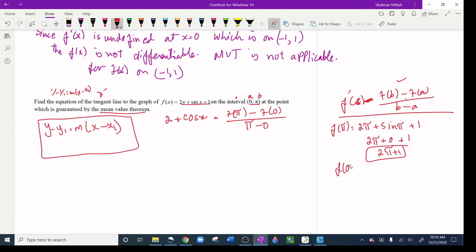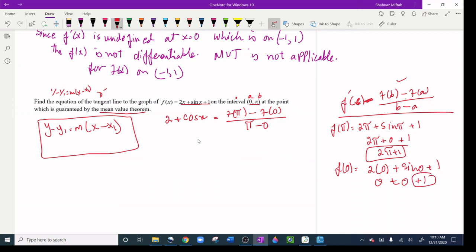Then plug in f of 0. When I plug in 0, 2 times 0 is 0. What is sine 0? It's 2 times 0 plus sine 0 plus 1. This is 0 and sine 0 is also 0, like a y value, and then plus 1.